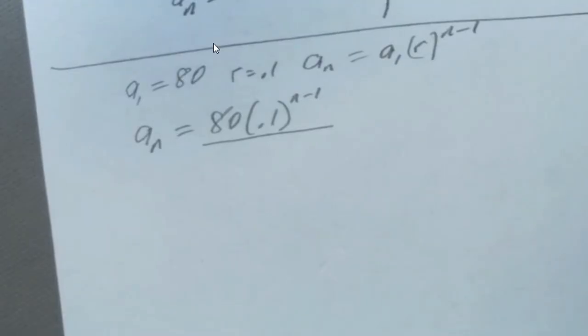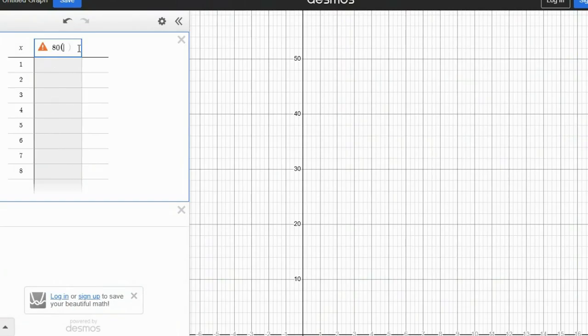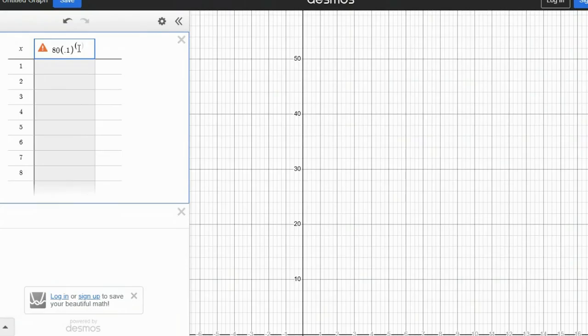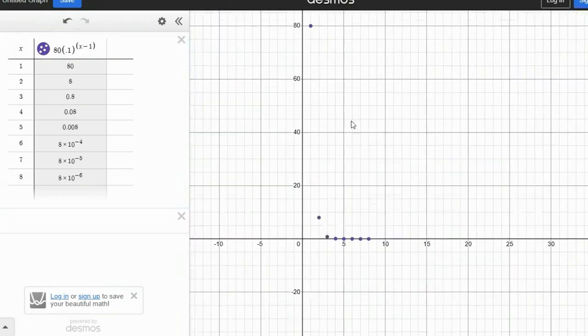There's nothing to really simplify there. But let's go to our Desmos, change this to 80 times 0.1 raised to the power of x minus 1. Zoom out a little bit because the 80 is way up here.